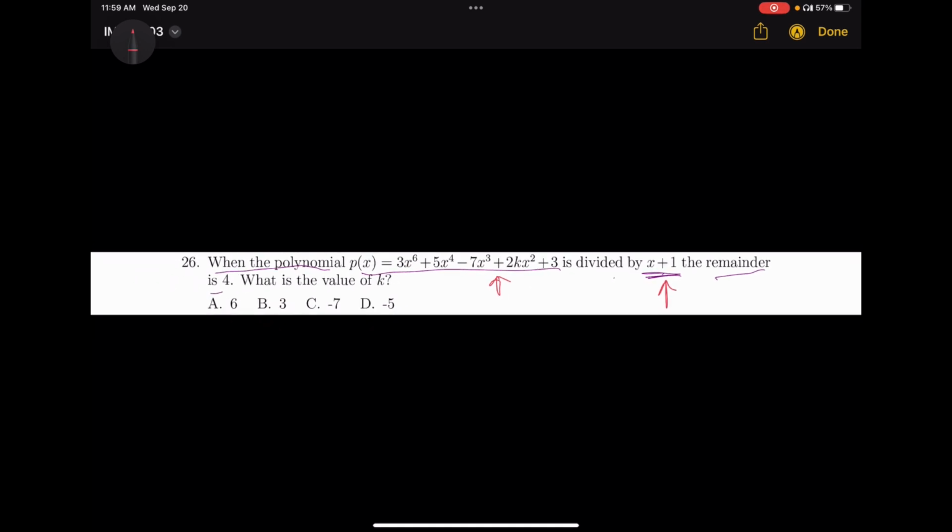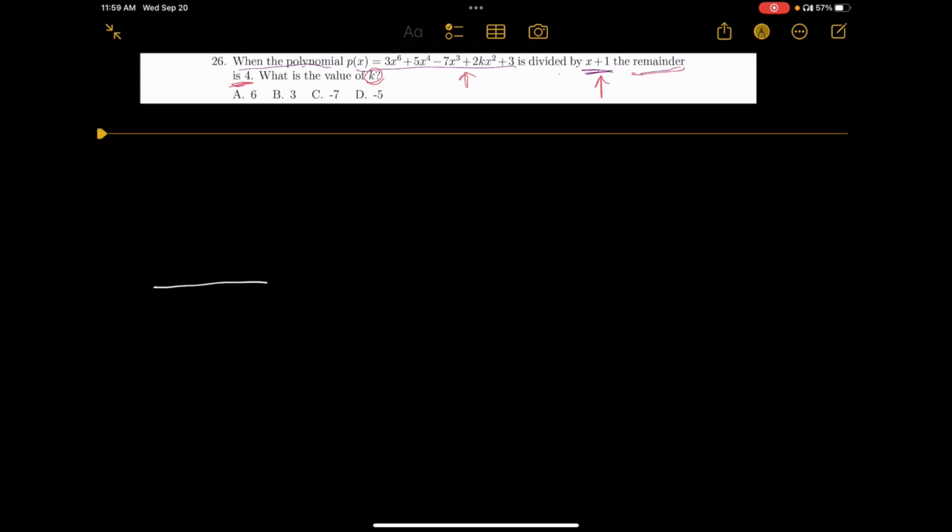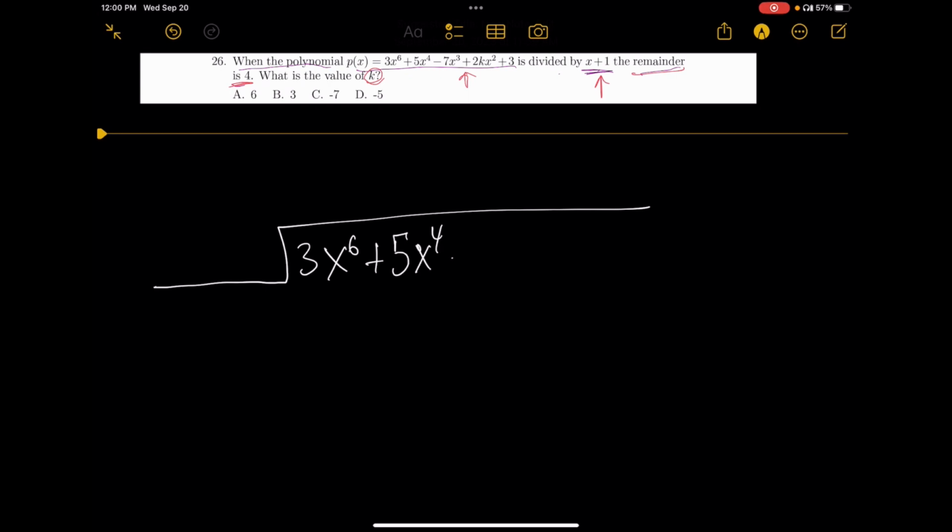Now the remainder is also given. Okay, the remainder is 4. So what is the value of k? For this we use long division: 3x to the power of 6 plus 5x to the power of 4 minus 7x to the power of 3 plus 2kx squared plus 3, divided by x plus 1.